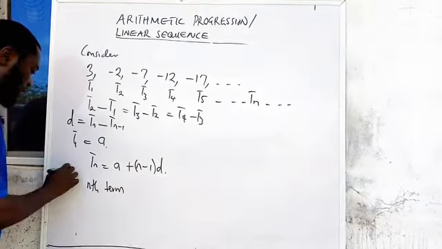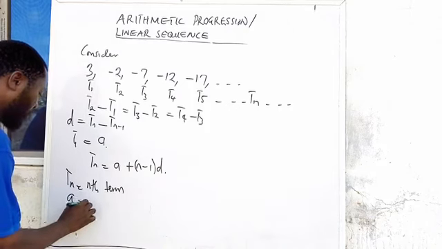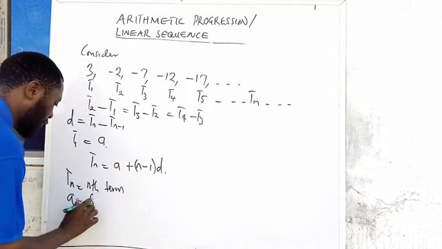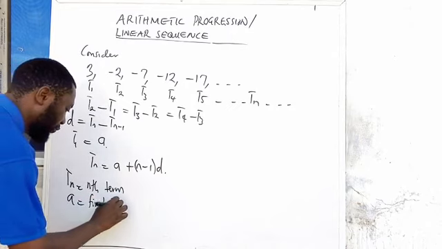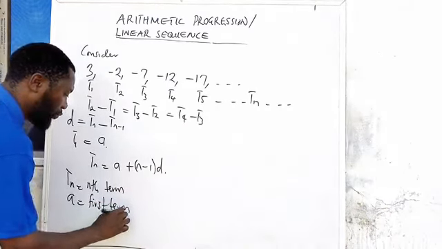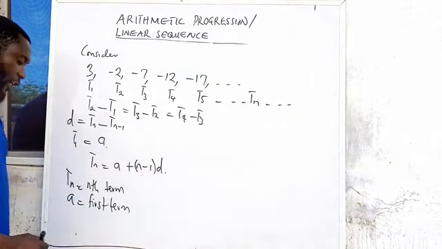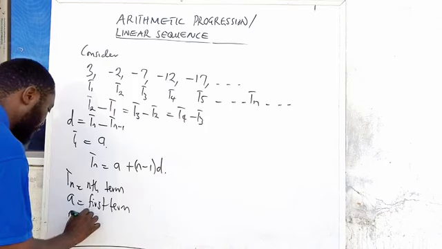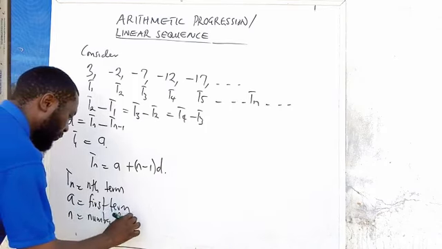Your A is what we call the first term. Our n is just the number of terms.